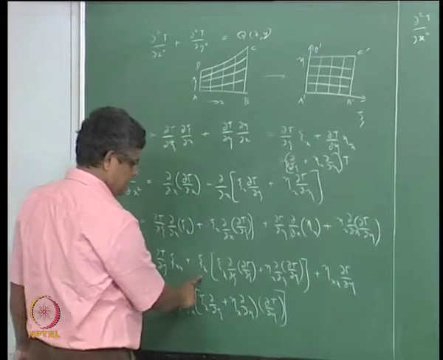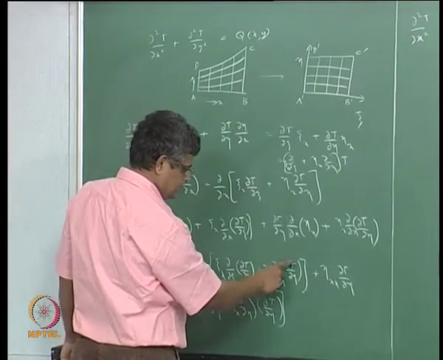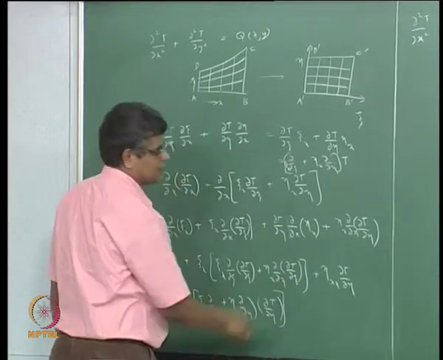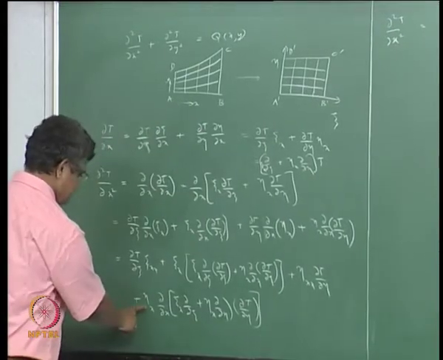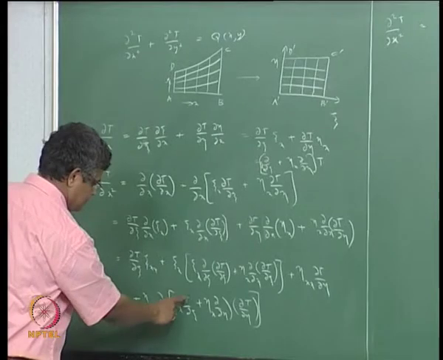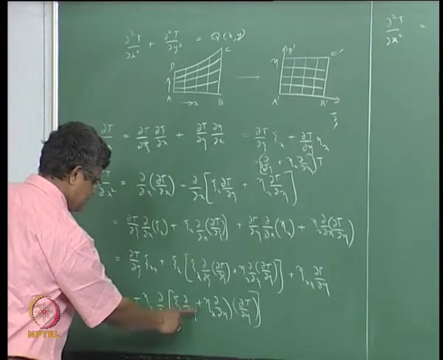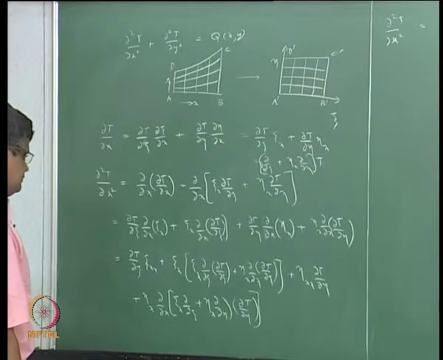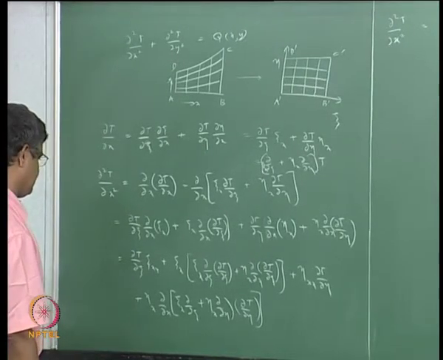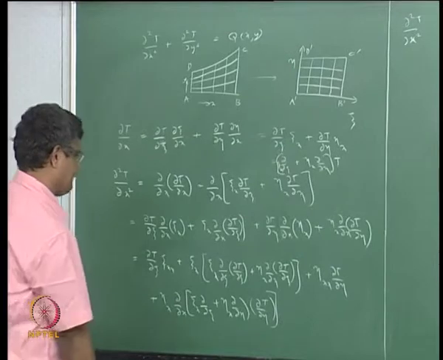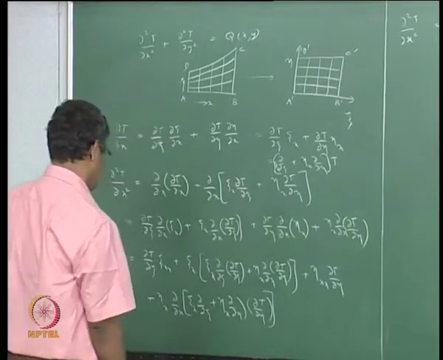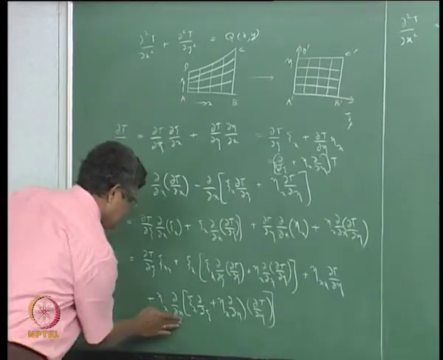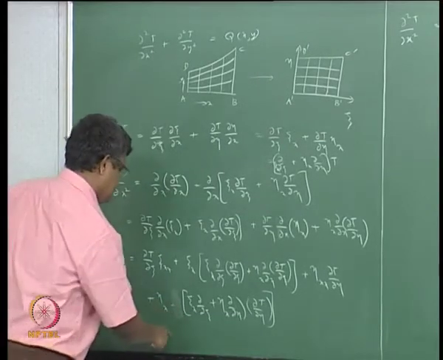Then we have psi x eta x ∂²T/∂eta∂psi, and then we also have psi x ∂²T. Okay, so this is not there.